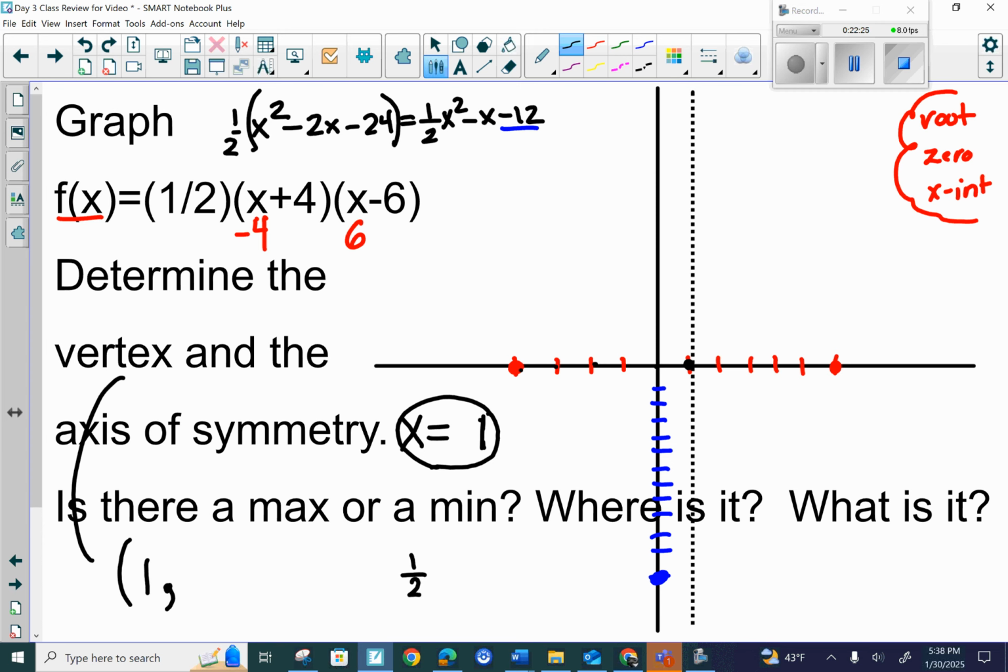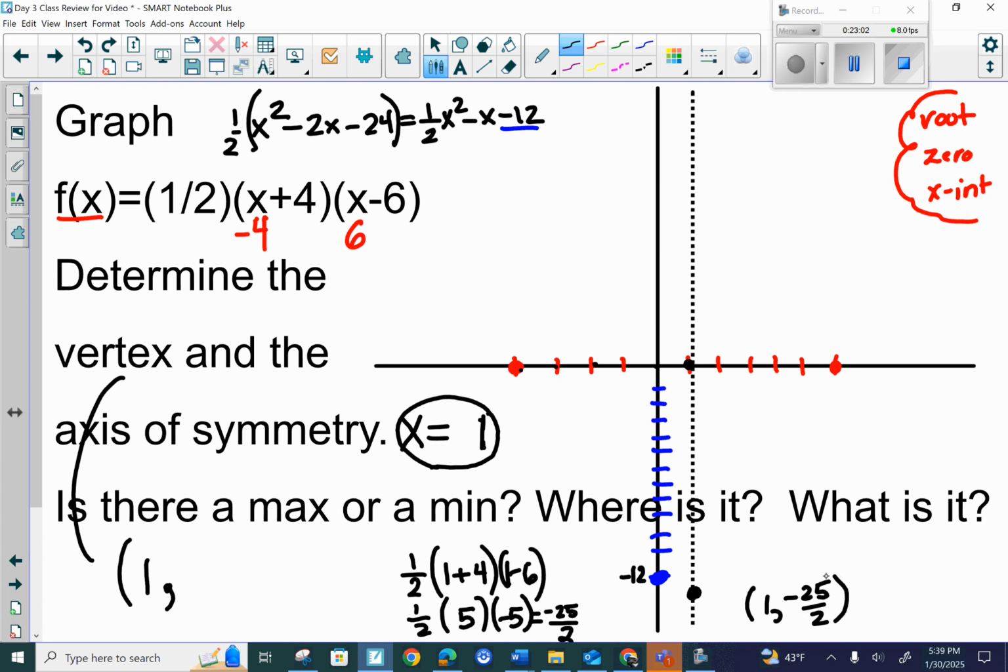I'm just going to put it into that second one. 1 plus 4 times 1 minus 6. So this is 1/2 times 5 times -5. So that's -25 halves. That sounds like negative, what is that? -12.5. So it's a little lower than your y-intercept. Right there. -12.5. So 1, -25 halves is my vertex.